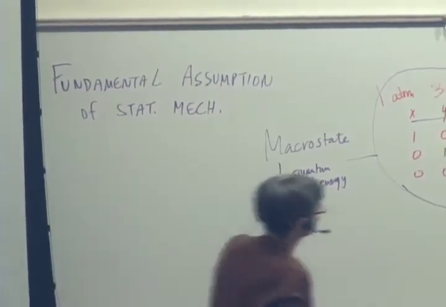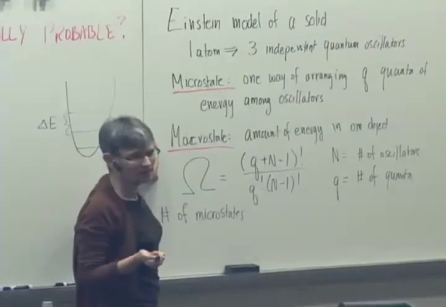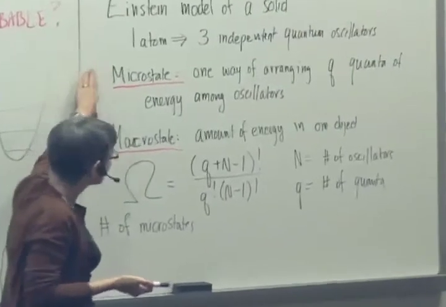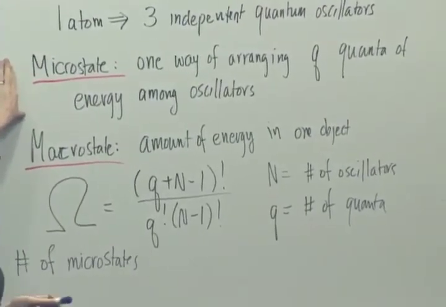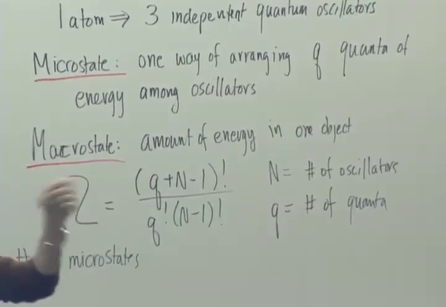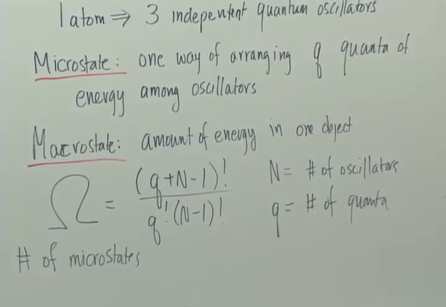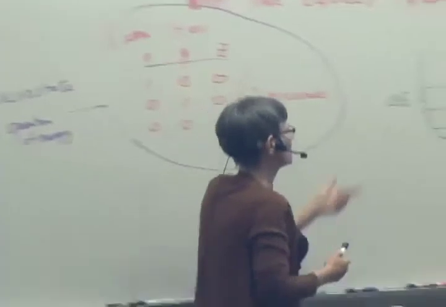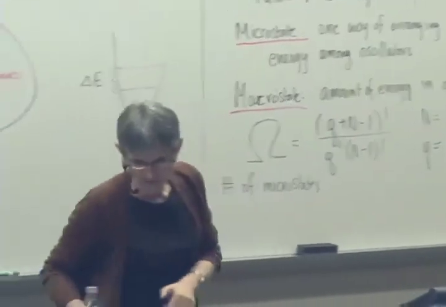The formal statement is that for any given macrostate, the total amount of energy you've got, every microstate that you can think of, any way of arranging this energy among all the different places it can go, is equally probable. We can just say, given the total amount of energy, we assume that each arrangement is equally probable.